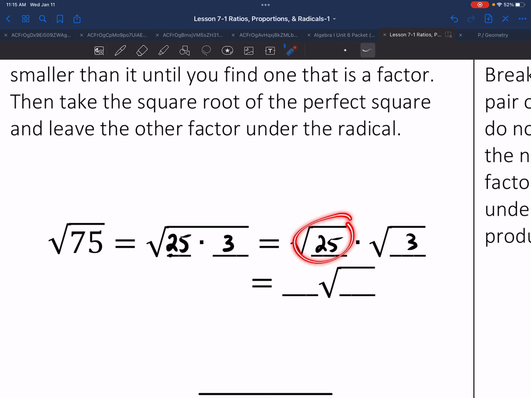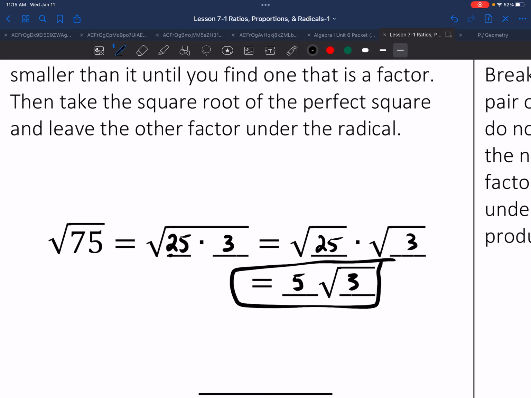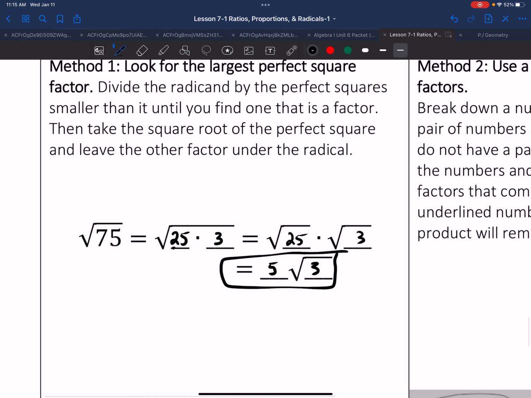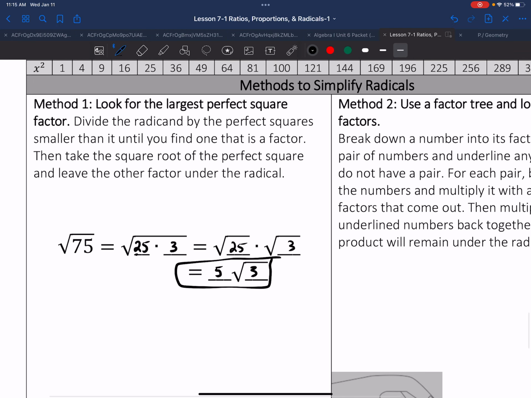So since we know that the square root of 25 is 5, we put it outside of the radical sign, and then what's left is going to be inside the radical. And this is your answer, okay? So take a minute, pause, reflect. And if you have any questions, let us know, and then we'll address the questions later on.